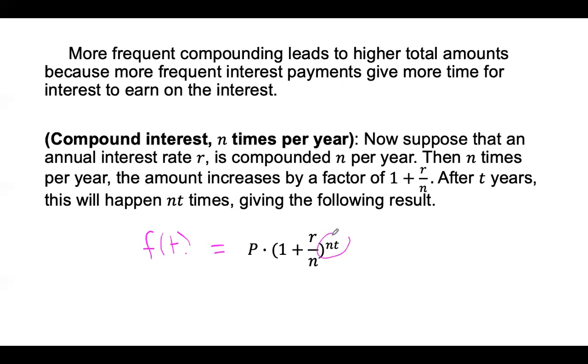So let me write a little note. It's n times t because compounding occurs n times per year.